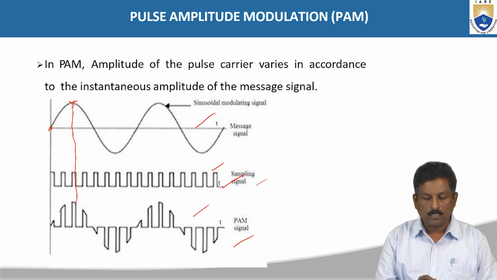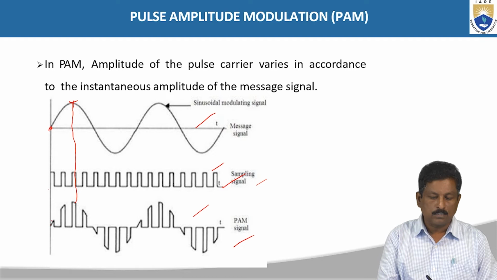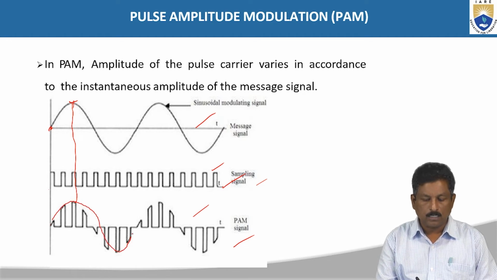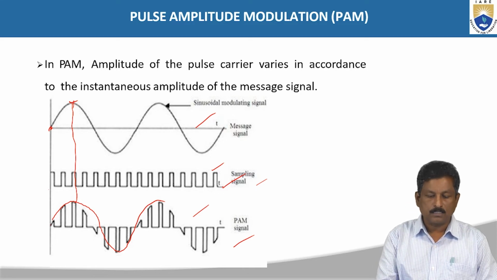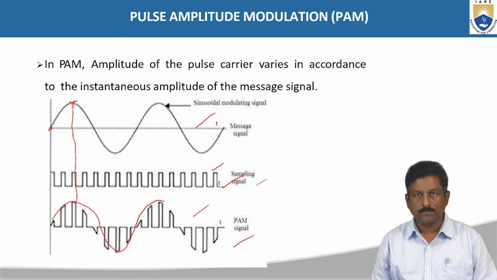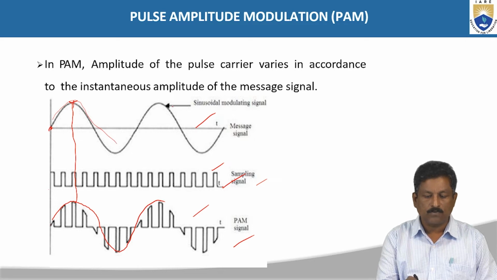According to that, by joining all these values, which follow our original modulating signal like this, all the tops of the pulses, after modulation, you can join all the pulses. The variation of the amplitude of the pulses will be according to the strength of the modulating signal only, varying like this in a sinusoidal form.